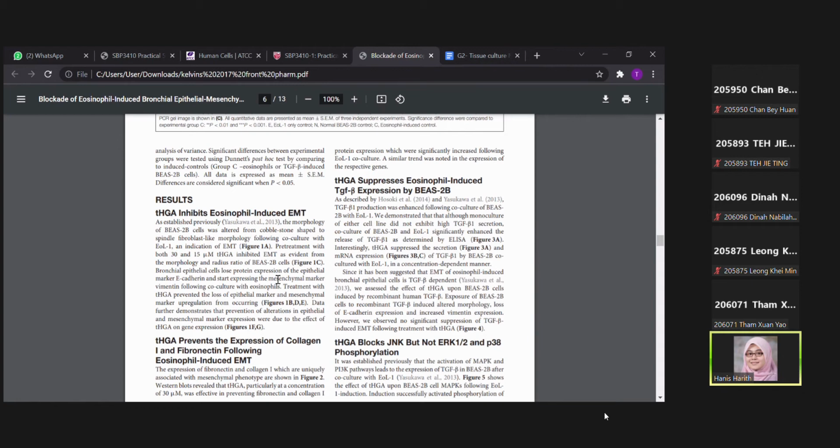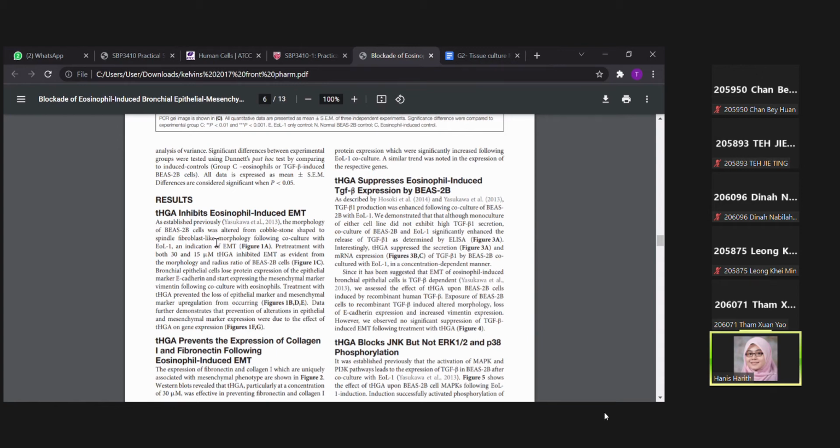They check the morphology, because EMT is indicated by the morphological change from cobblestone to spindle fibroblast-like morphology. BS2B cells without induction have a cobblestone shape. After they are induced with the eosinophils, they undergo EMT and gain the spindle fibroblast-like morphology.